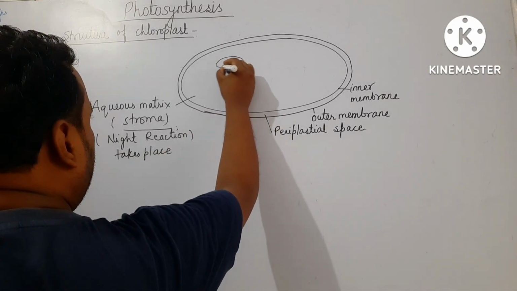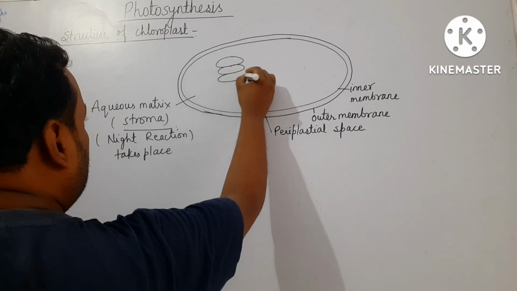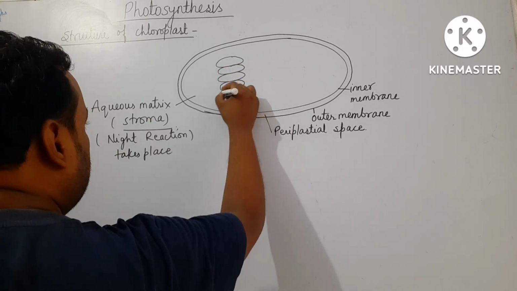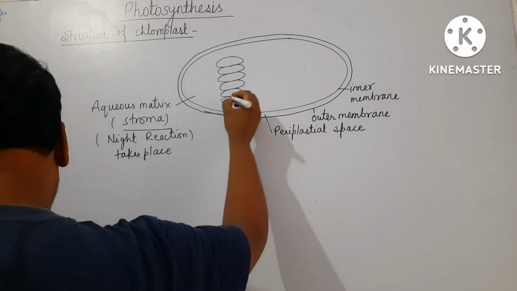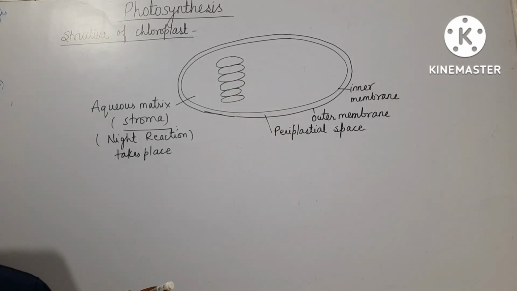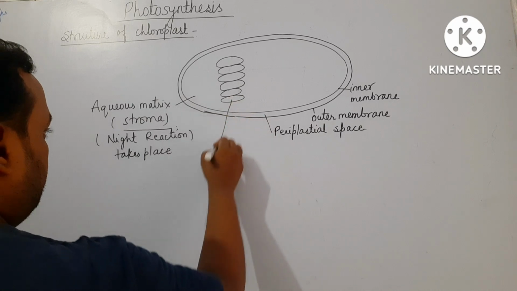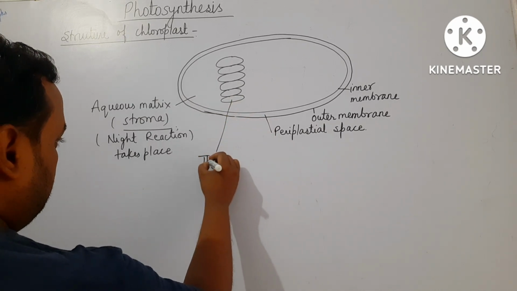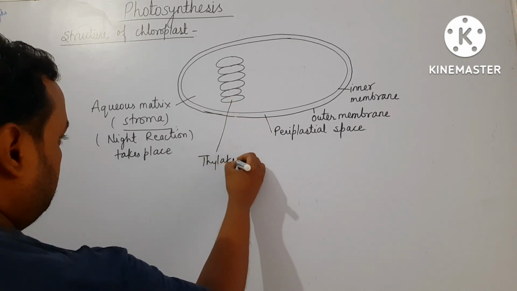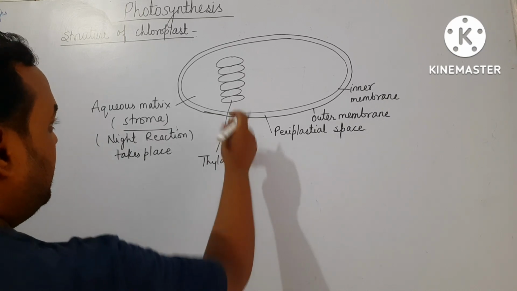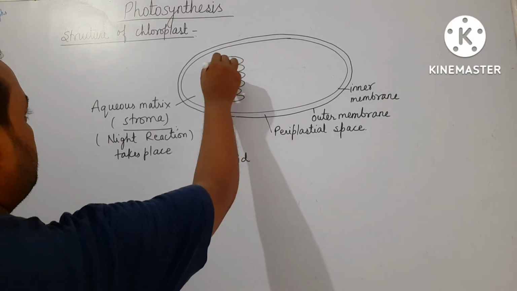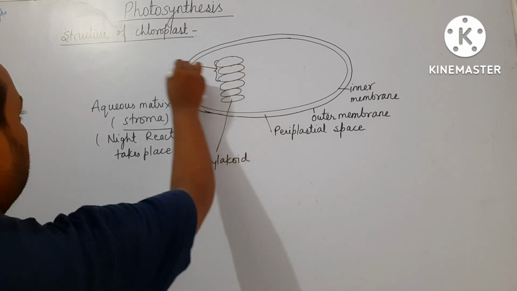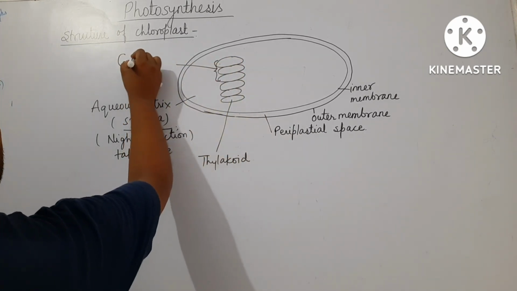In the center the plate-like structures are also present, which are stacked with each other. The single unit is known as thylakoid. And when the thylakoids are joined together, then it forms grana or granum.